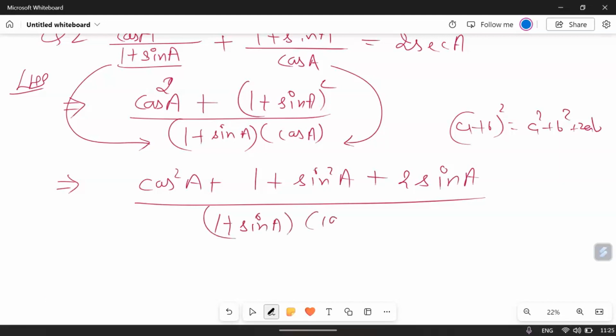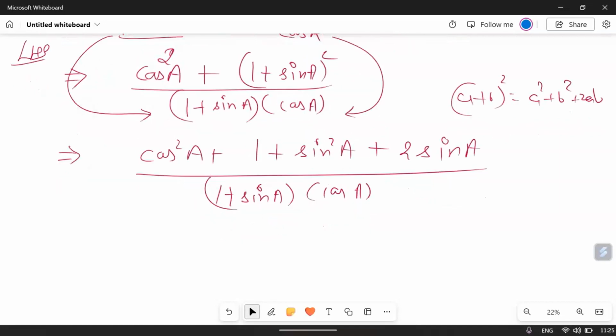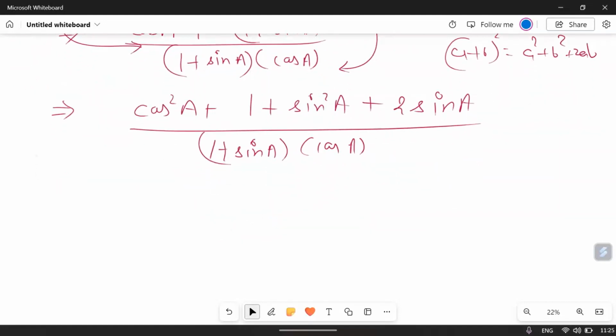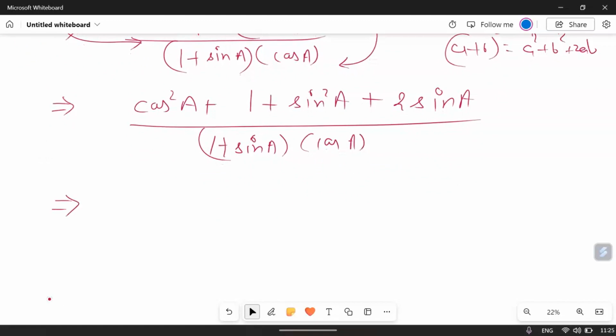Now what we need to do here, cos square plus sin square, this and this I can write as 1. So using the identity cos square A plus sin square A equals 1, right?